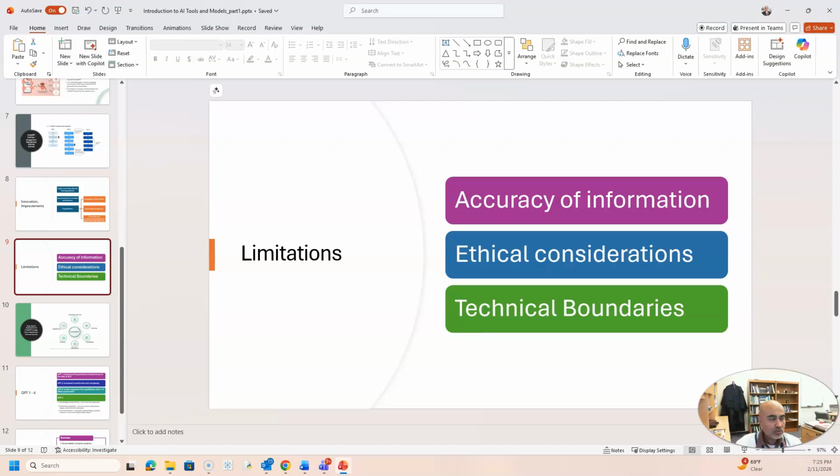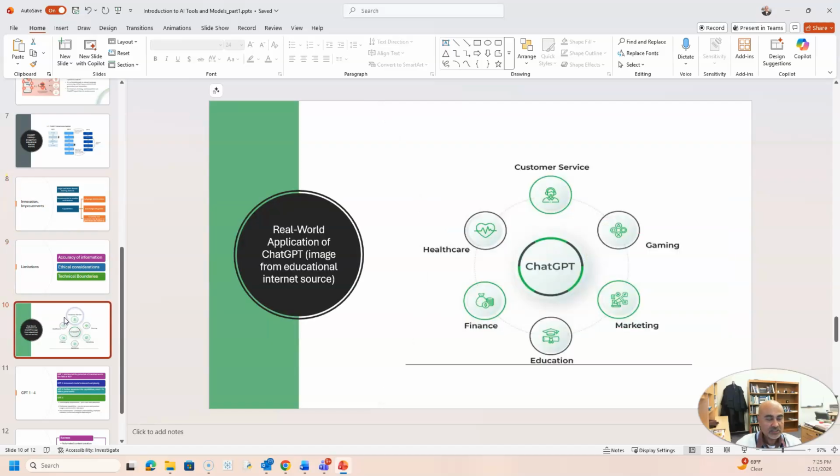Let's look into some of the real-world applications of ChatGPT. We had referenced it in our lecture before, but I still want to go over a few of these things. ChatGPT's advanced language comprehension, its response generation, and its knowledge integration capabilities have made it a very important tool across various industries.